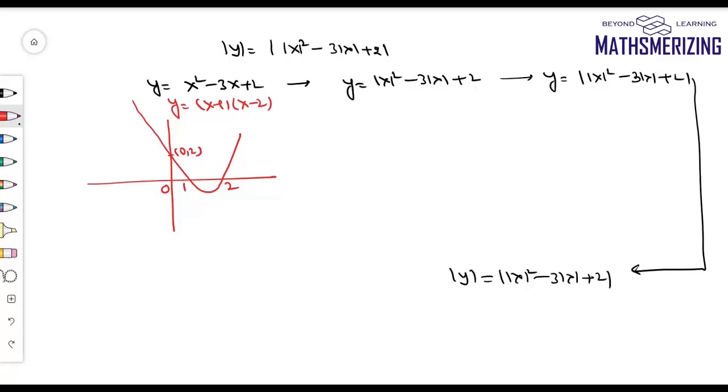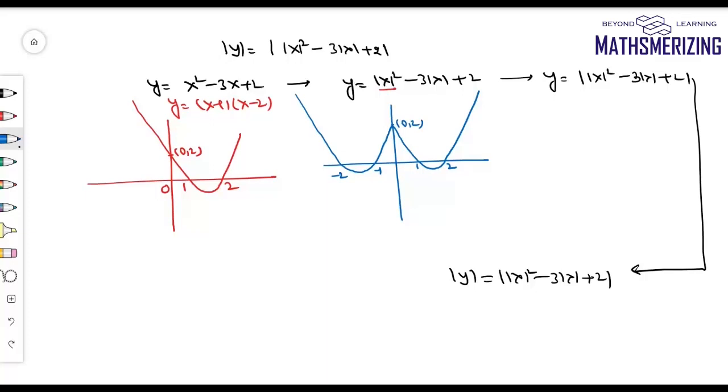Now for the transformation of mod x, erase the graph from second and third quadrant and then take the reflection of right on left. So this is 1, 2, and this is minus 1 and minus 2, and this is 0, 2. Now for mod fx, take the reflection of down on up. So mirror on x-axis and take the reflection, and then erase the graph from third and fourth quadrant.